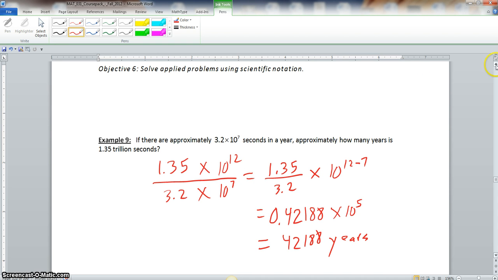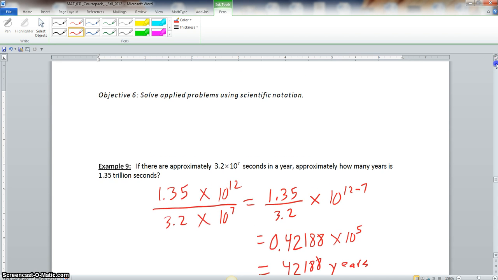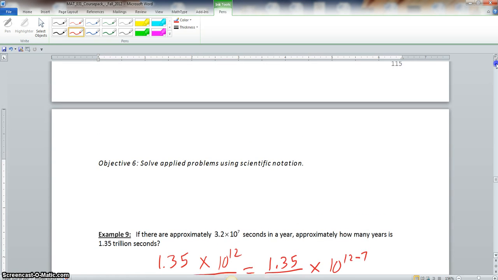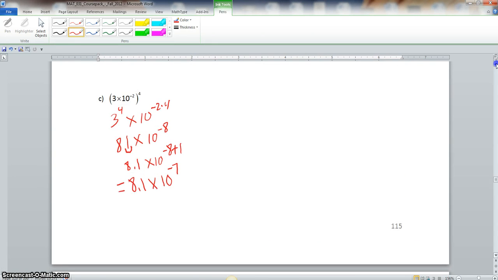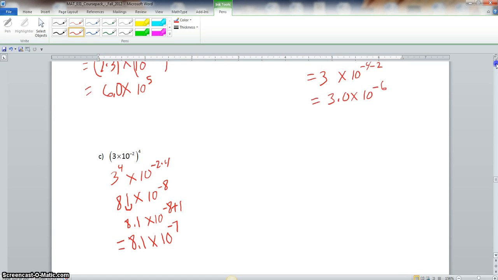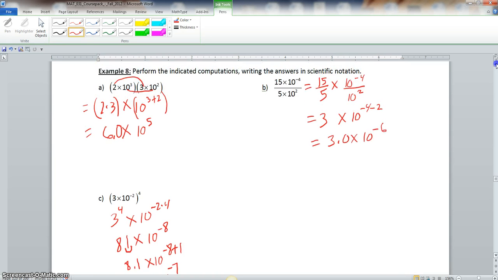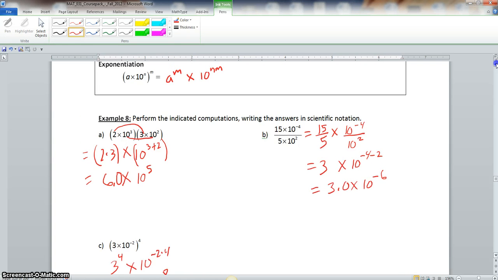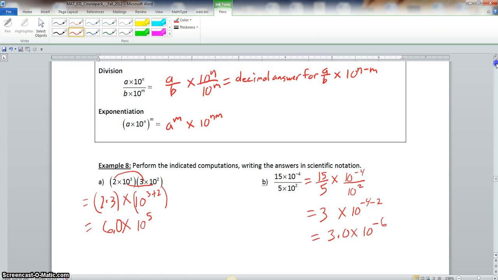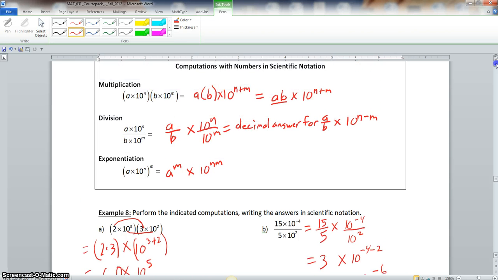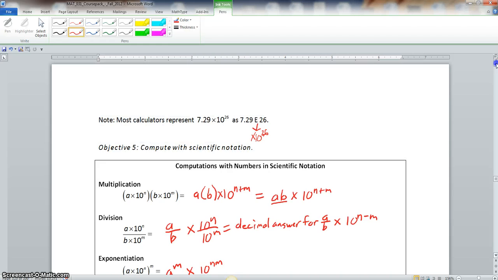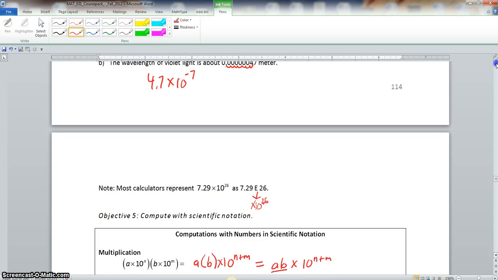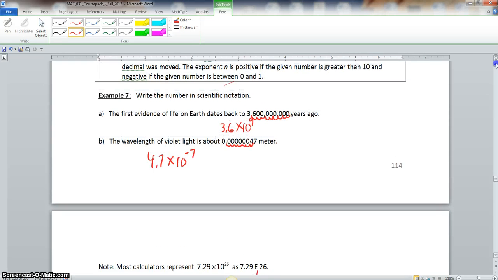We need to scroll up here, and I believe it is page 114 that we need to go back to. So I'll scroll back up here to page 114. Okay, this is page 114.